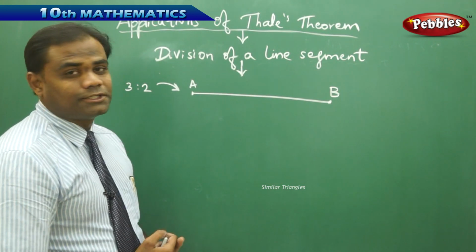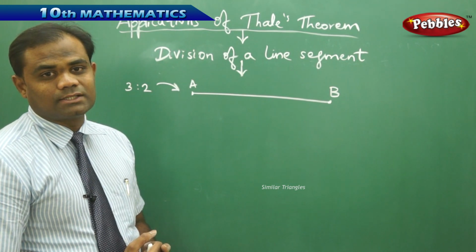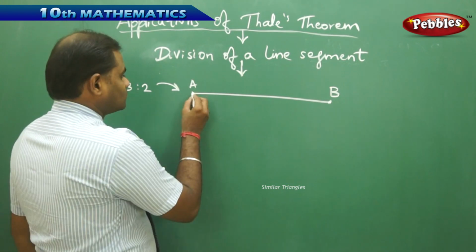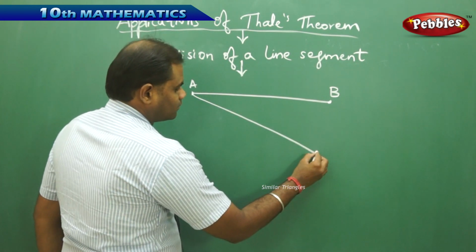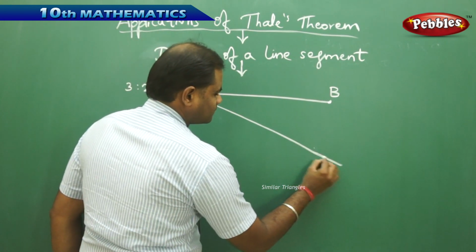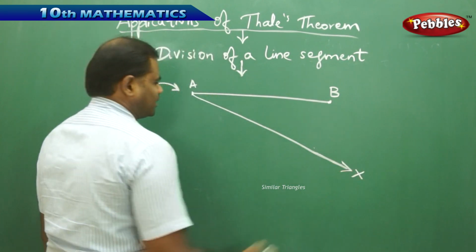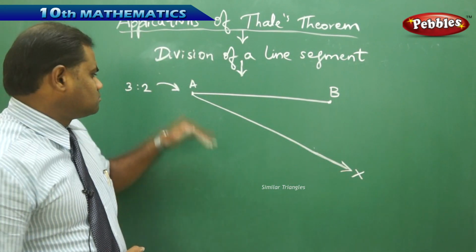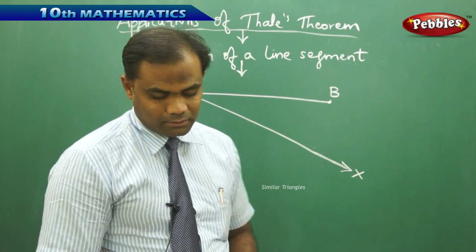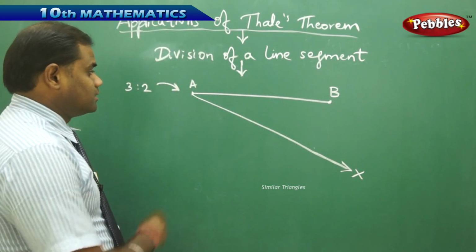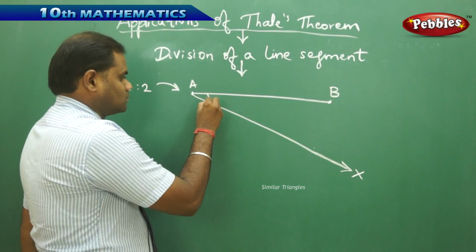So for this, initially what I'm going to do is draw a ray at a suitable angle. Let me draw a ray AX, making an angle with the line segment. But this angle must be acute.